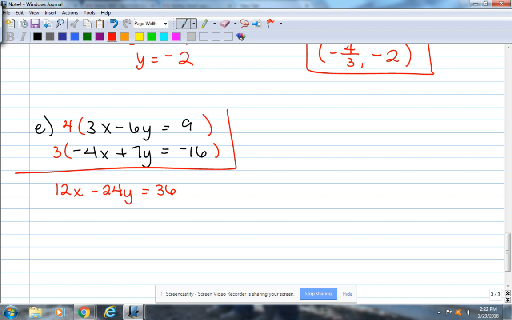And we'll do the bottom row. 3 times negative 4x is what? 3 times 7y. And 3 times negative 16 is what? Negative 48. Okay. Multiplying wasn't good for me.